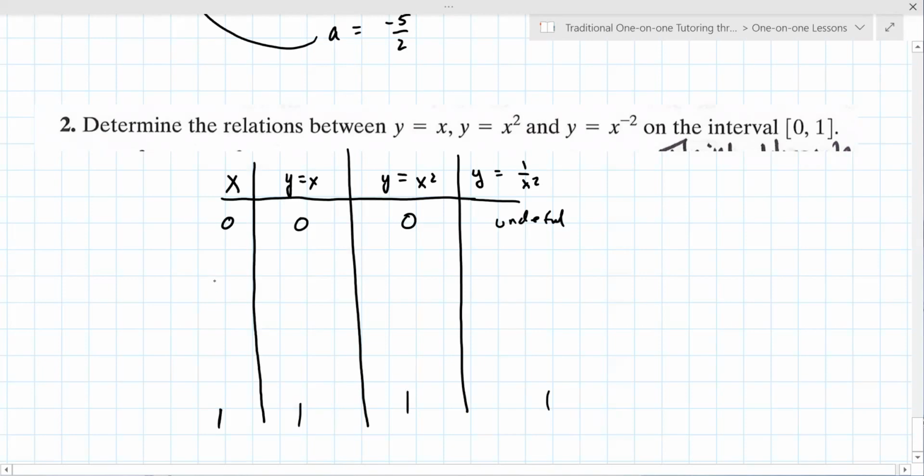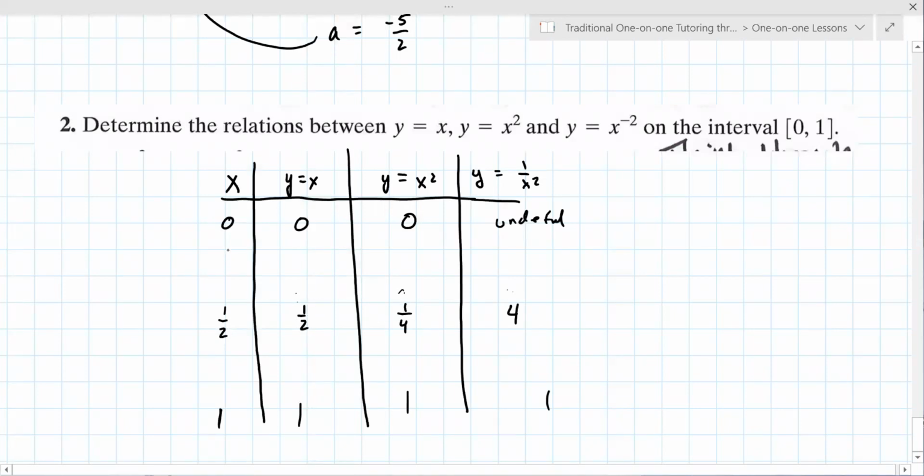So let's try something in between, like 1/2. This is 1/2, this one is 1/2 squared, so that's 1/4, and this one is the flip of that, so that's 4. That tells us something. Which of these 3 is the biggest? The last one, then the next one, and this is the smallest.